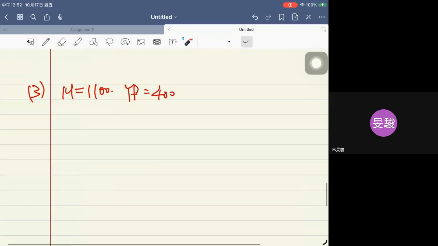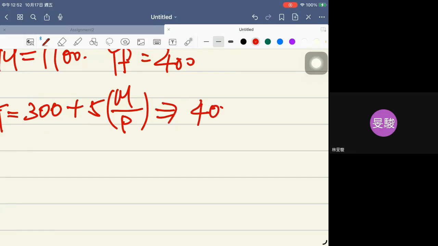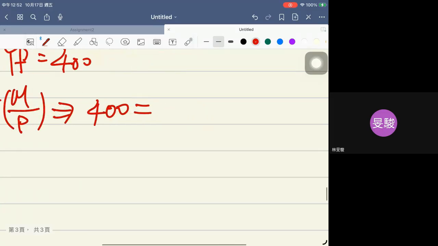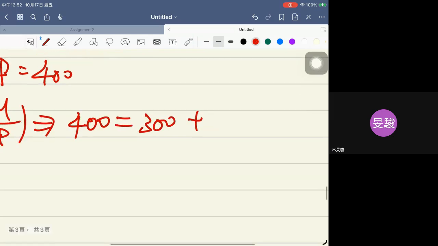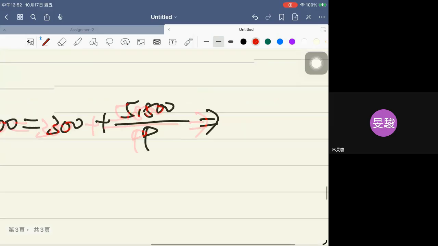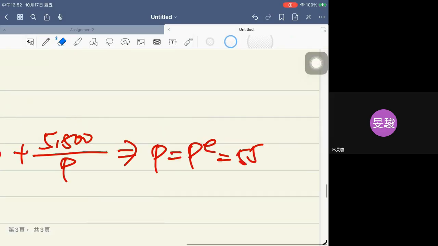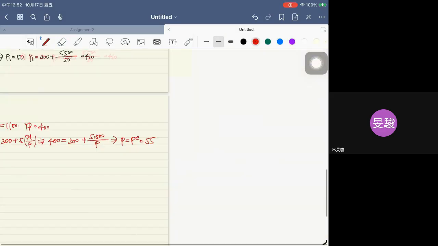So we can get that Y equals 300 plus 5,500 over P, and we can get a price level, PE equal to P equal to, sorry, it's actually 55.